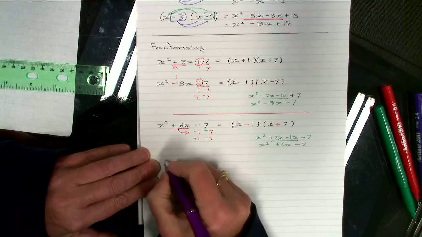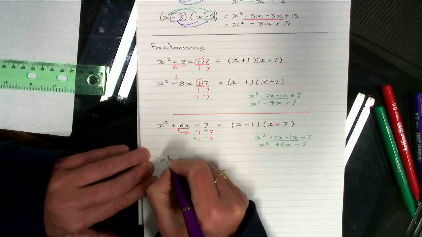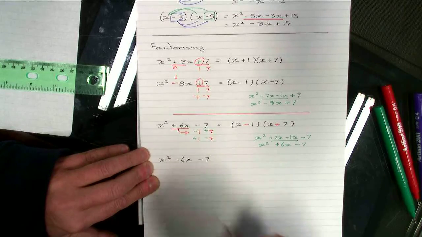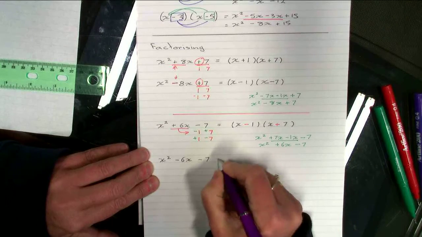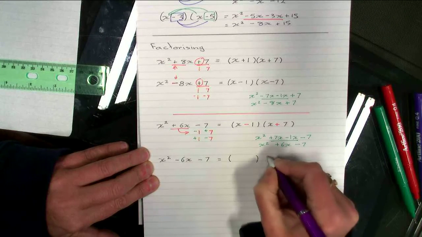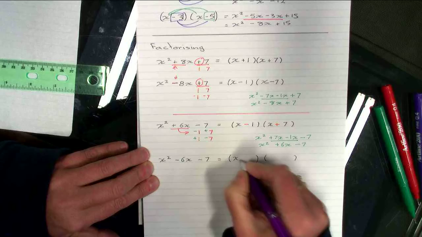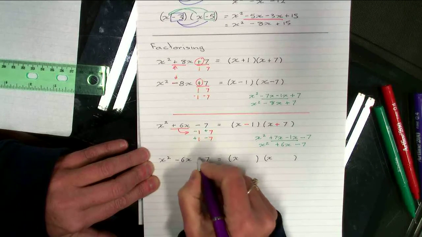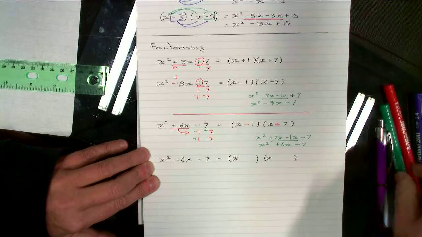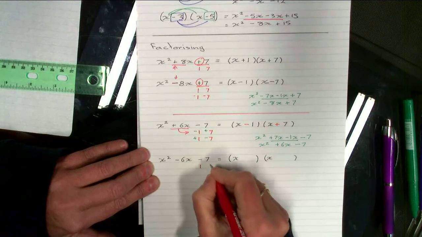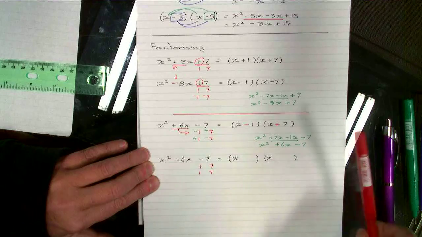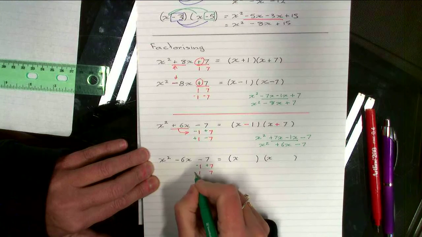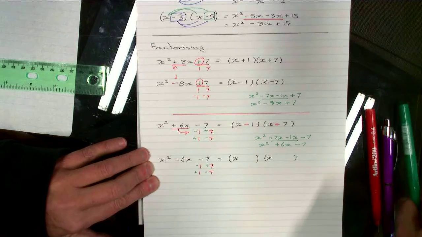So the last variation is where we have a minus before the 6x. And given what we did in the previous one, it's going to be pretty easy to tell us what is going to happen. So we're going to have x in both brackets. Still, our factors of minus 7 are 1 and 7, but we know that we can have two forms of that, where it's minus 1 and plus 7, or plus 1 and minus 7.